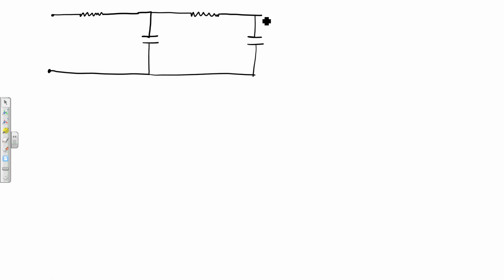Okay. Here's our output. Here's our input. We're going to call this R1, this R2, this C1, and this C2.